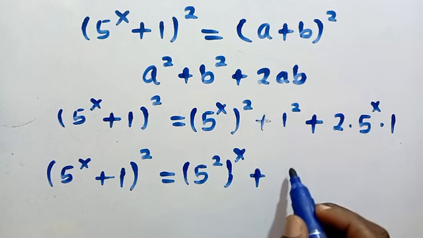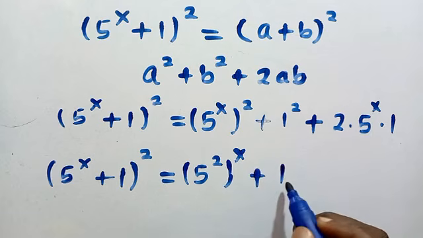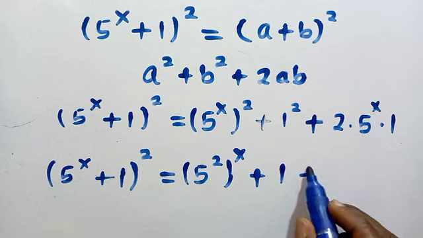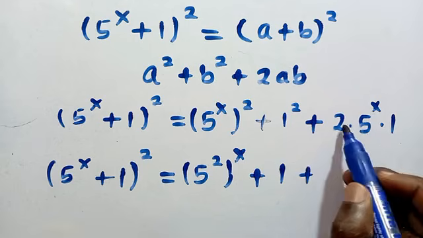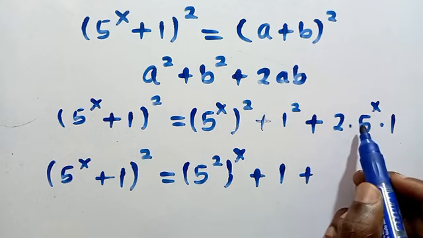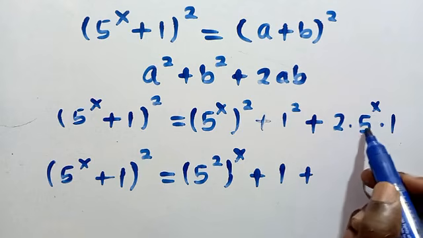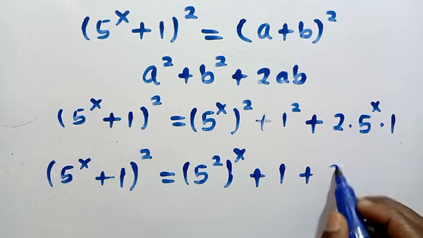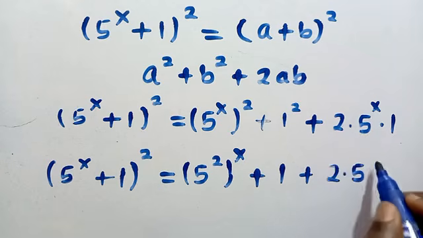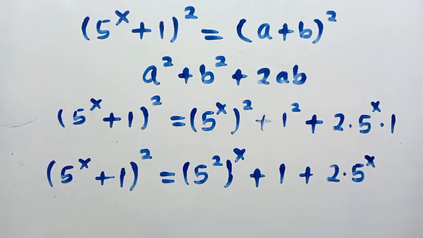plus 1 raised to the power 2, that is 1 times 1, and 1 times 1 is 1, plus also 2 times 5 times 1. Here 2 times 5 power x is not 10 power x, because this one is taking a variable at the power, so we have to leave it as it is, as 2 times 5 power of x.